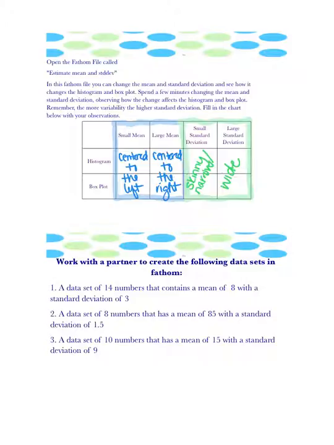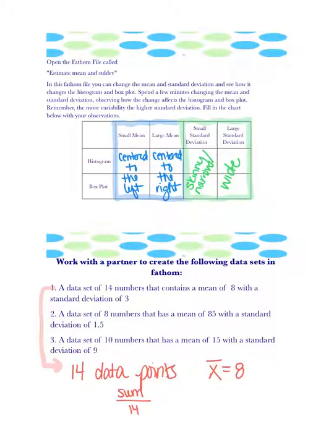And I can go through this quickly right here on number 1. So if you have 14 numbers, so 14 data points or data values, and a mean of 8. That means when you take the sum of all these numbers and divide them by 14, you should get 8.